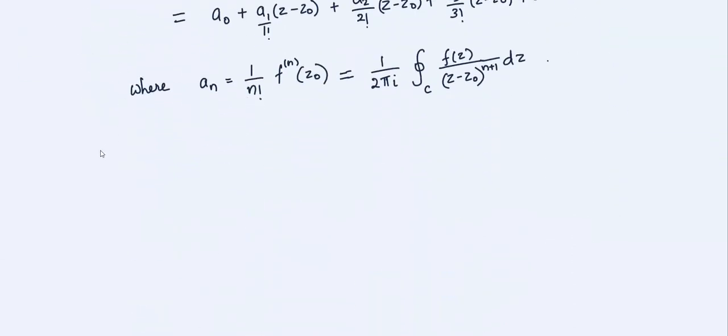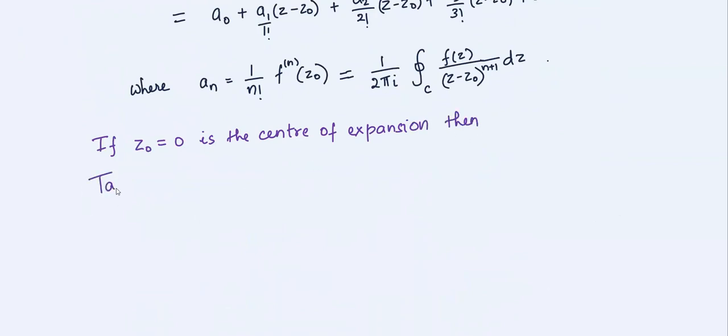Now, if z naught is equal to 0, that is the center, then the Taylor series is called the Maclaurin series.